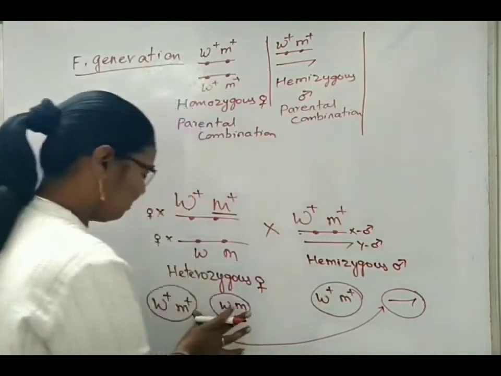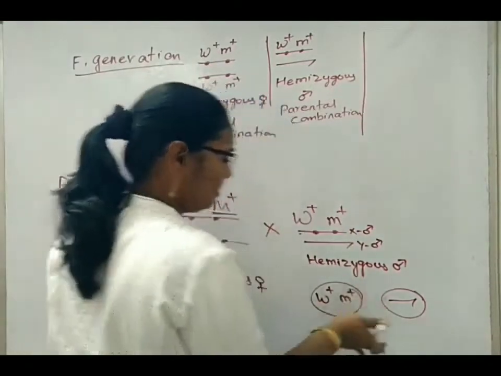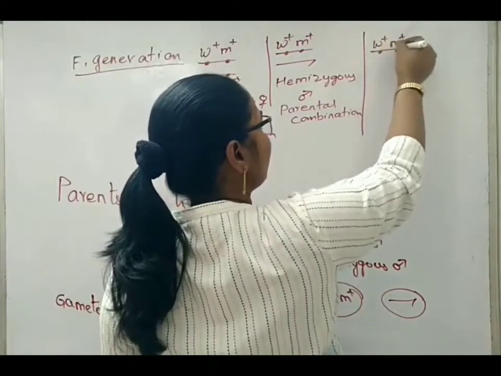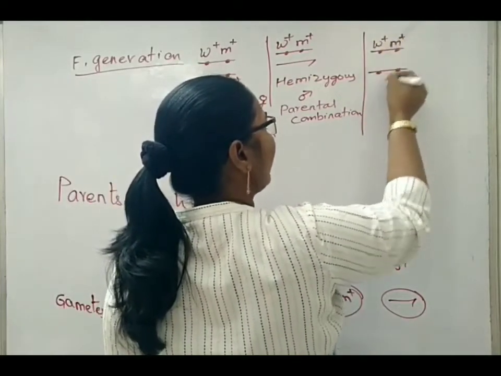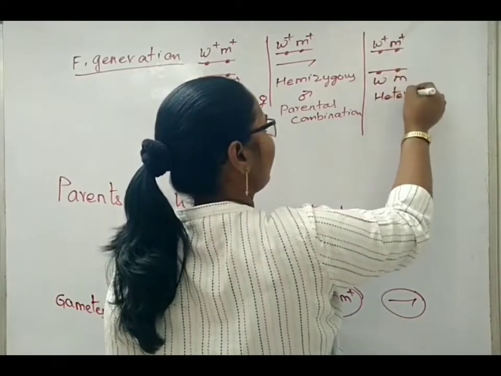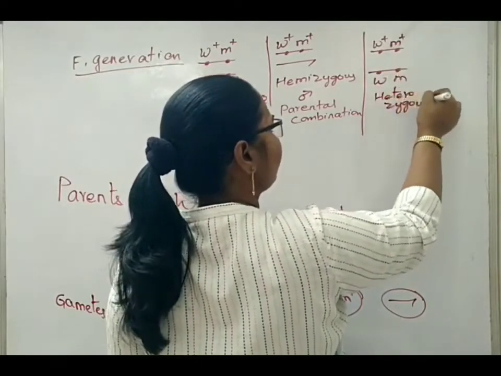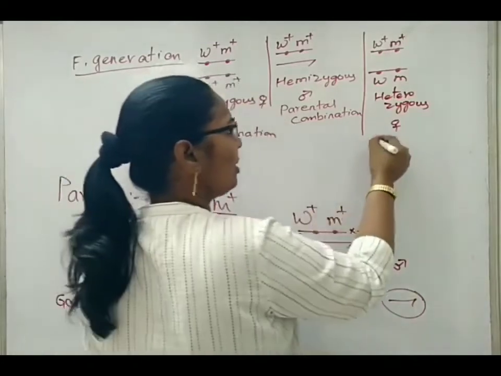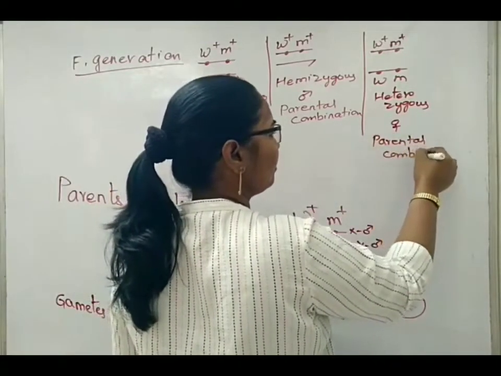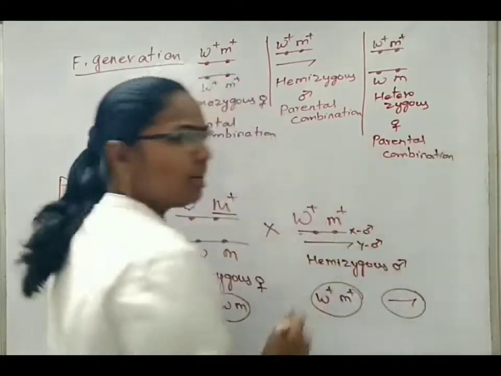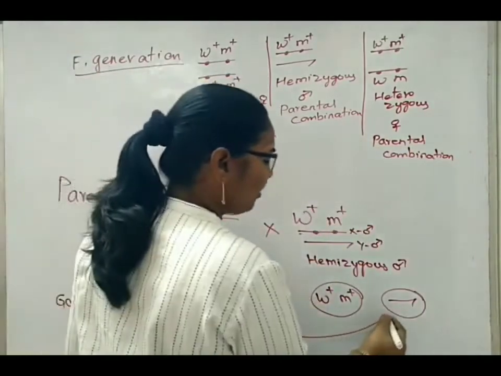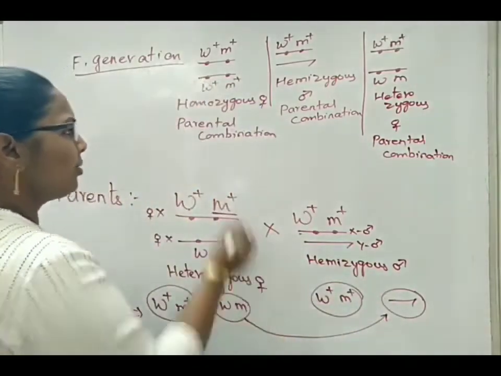The next one, red color eyed, large sized wings, again heterozygous female. This is also showing parental combination. The last one, if we write, the recessive type of alleles are bound with the Y chromosome.